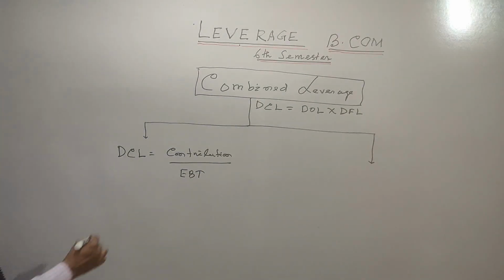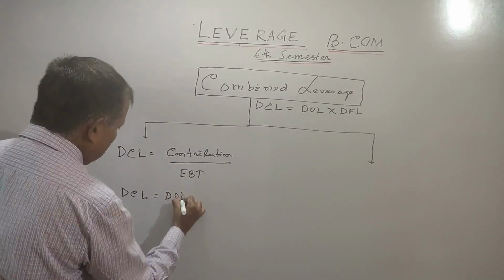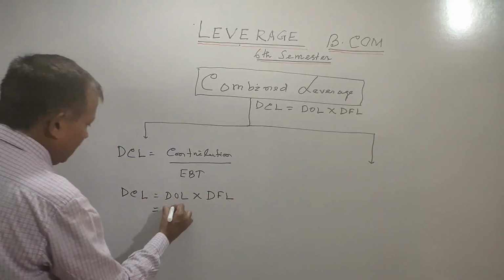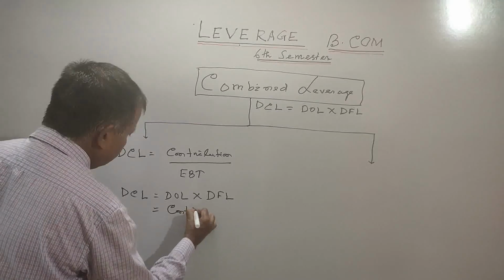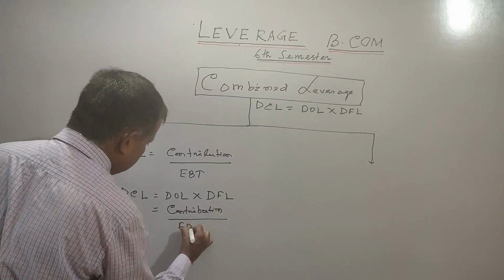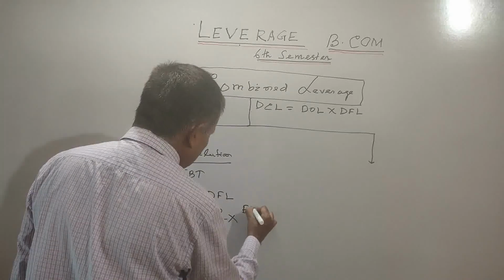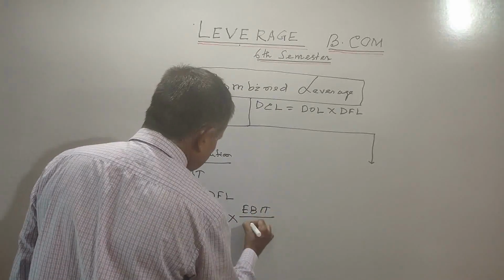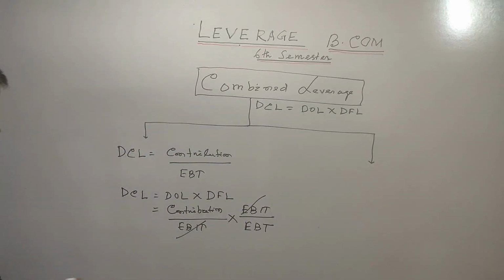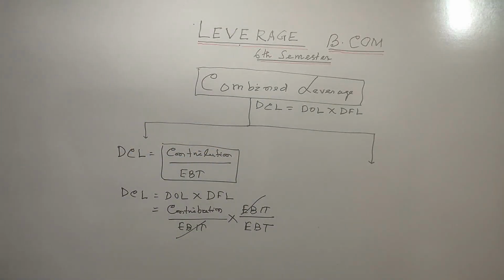If you take DCL equal to DOL into DFL, DOL is contribution by EBIT, into DFL, which is EBIT divided by EBT. So if we cancel EBIT, automatically we come to this particular formula.